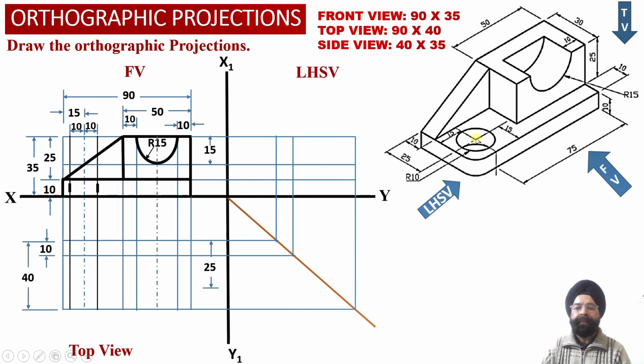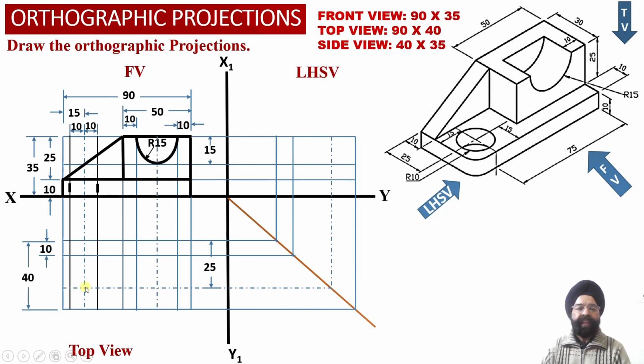Similarly, another piece of information we have is that corresponding to the circular hole, the distance of the center point of this circular hole from the rear surface of the solid is equal to 25 millimeter. So from the rear surface, we have marked a distance of 25 millimeter and obtained a horizontal center projection line into the top view projections, and this center projection line we have appropriately transferred into the left hand side view projections as well.